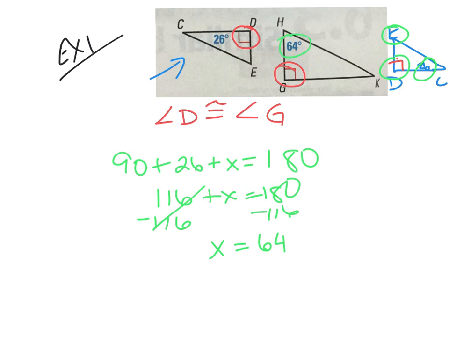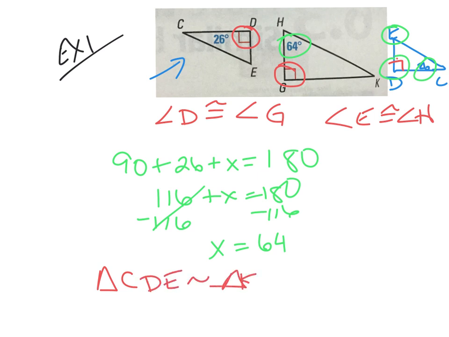So then I can look at that measurement and look at H and decide, well, 64 is what the big triangle was, so I can write the other statement that angle E is congruent to angle H. So now do I have two angles that are congruent to two other angles? Yeah. I actually have three. So now I can write that similarity statement that we like that says triangle CDE is similar to triangle KGH.